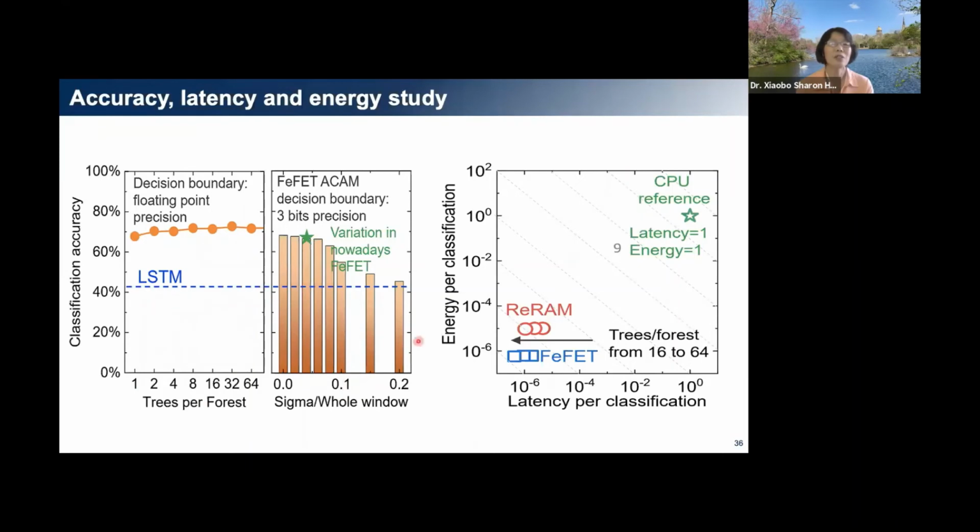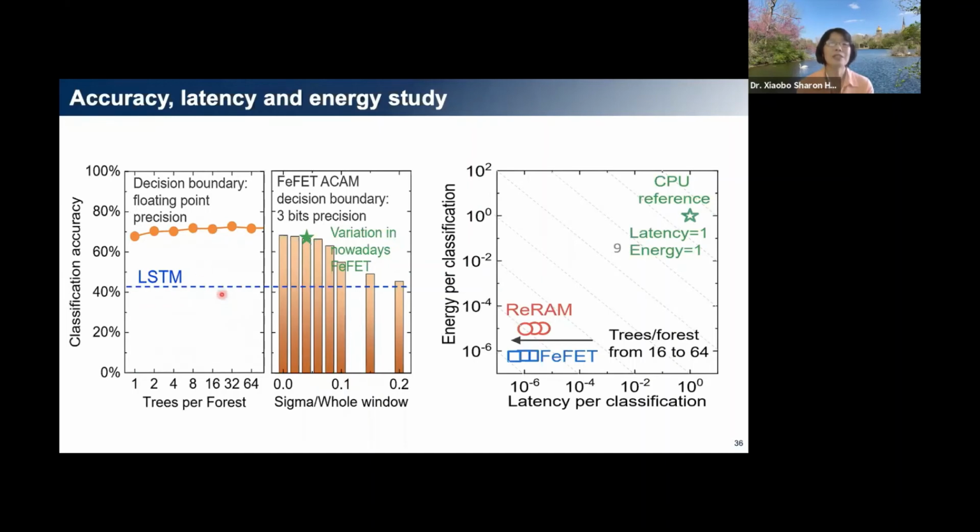This shows the FeFET, a 3-bit FeFET ACAM design. Here is an LSTM-based design, and here is a GPU-based floating point design. This is for the SEMG data set, for hand movement recognition. This is a pretty well utilized data set for random forest.